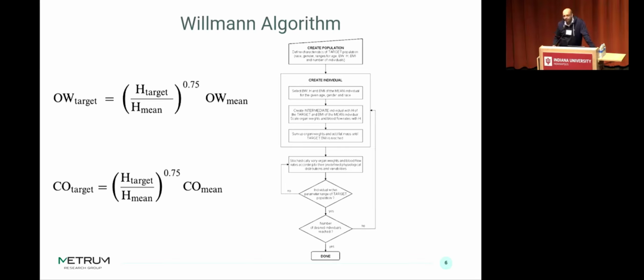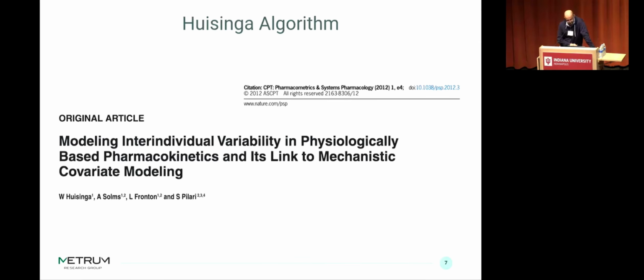Once you reach the target individual, you add a little bit of noise, a little bit of variability, because we also know the coefficient of variation for these physiologies, and you don't expect two individuals with the same age and sex and height, for example, to have the same exact volumes or the same exact blood flows, right? So this adds a little bit of stochasticity into the thing. All right, so simple, right?